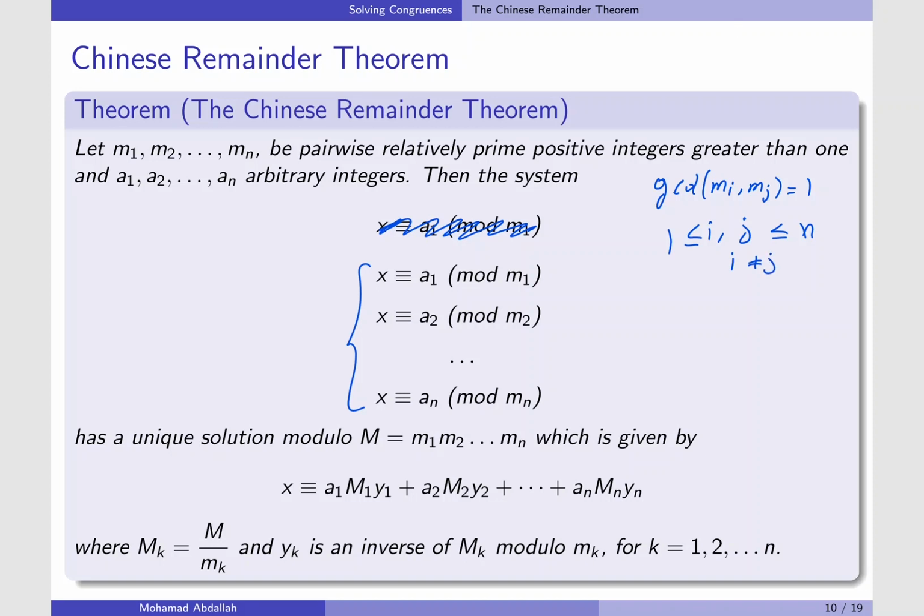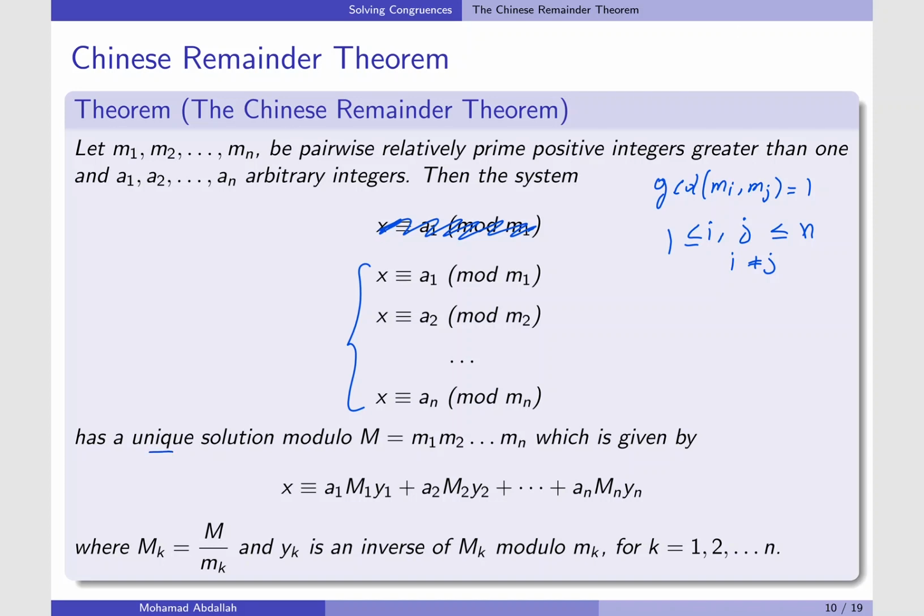So if I have a system of congruences in this form, I do have the requirement that all these moduli should be relatively prime.